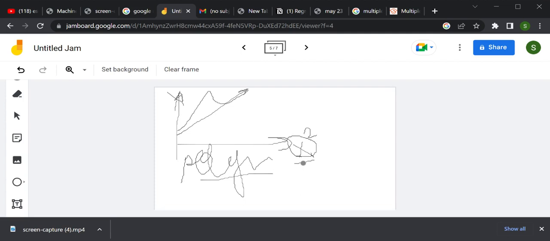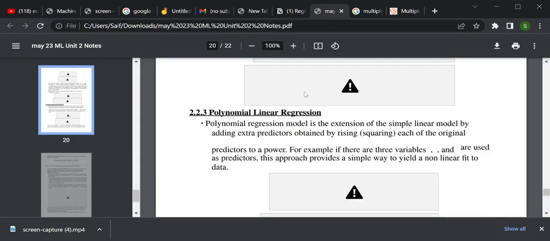We take a one-to-one relationship, one independent variable related to one dependent variable, and we keep raising the independent variable. First we take the square, then the cube, and so forth. I will go through the notes and then you will understand it more clearly.